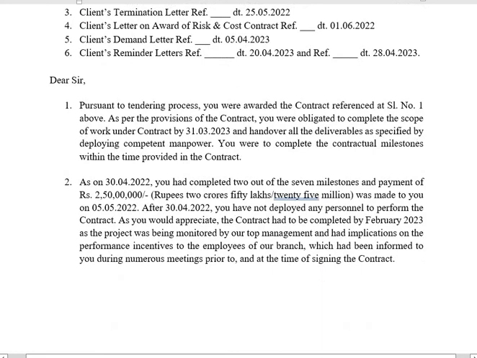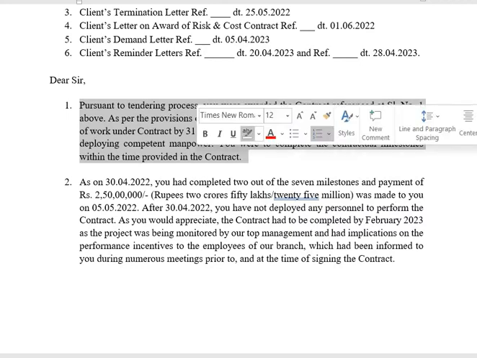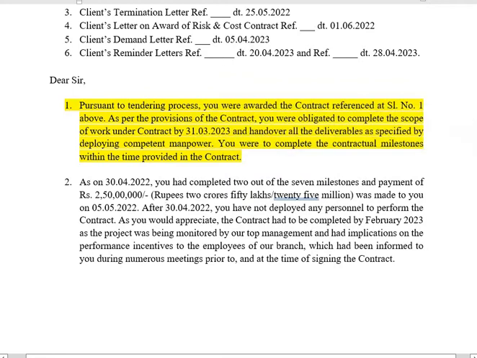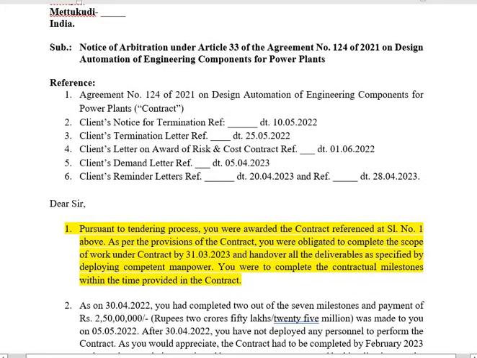The first part of the notice of arbitration deals with how the contract was formed and the relevant clauses in the contract. The first part says, pursuant to tendering process, you, that is the contractor, were awarded the contract referenced at serial number 1 above. Serial number 1 is the agreement.